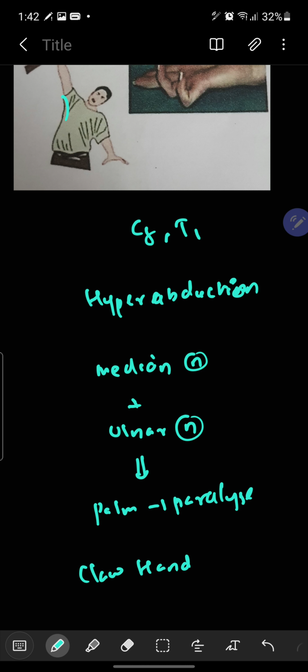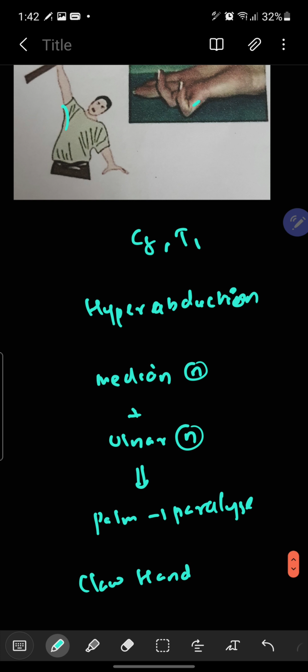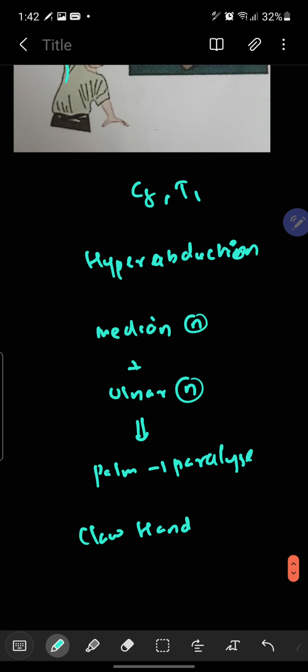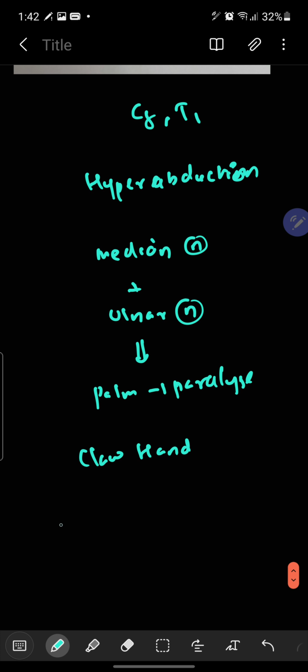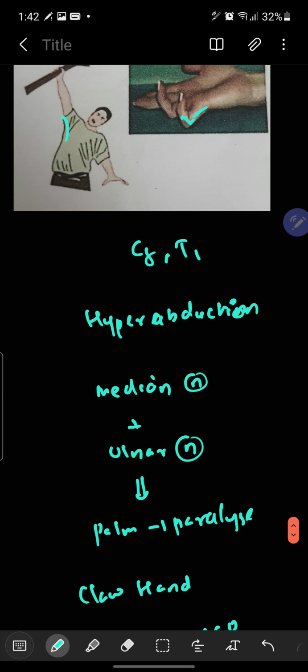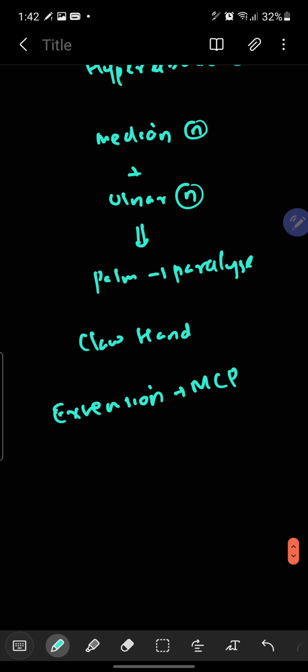Here you can see there is extension of metacarpophalangeal joints and flexion of interphalangeal joints.